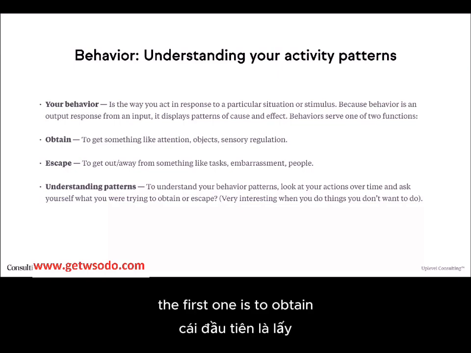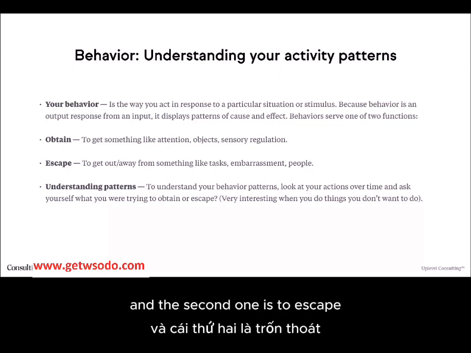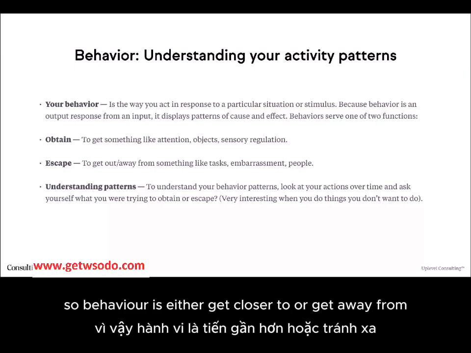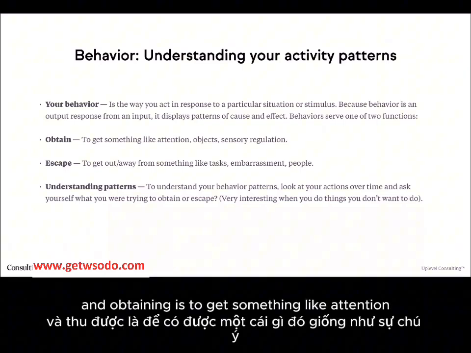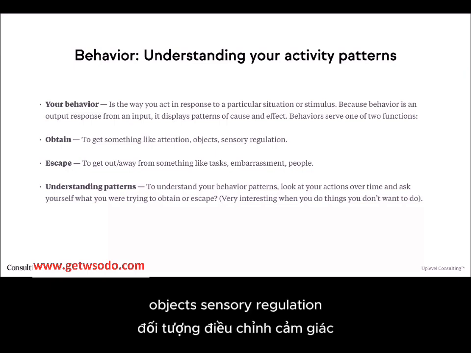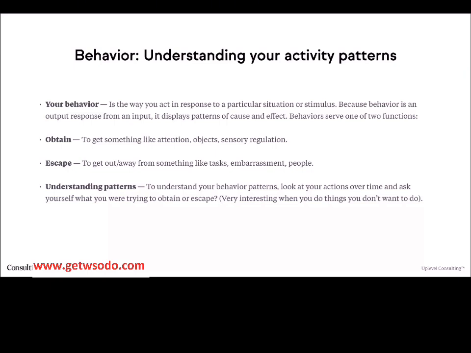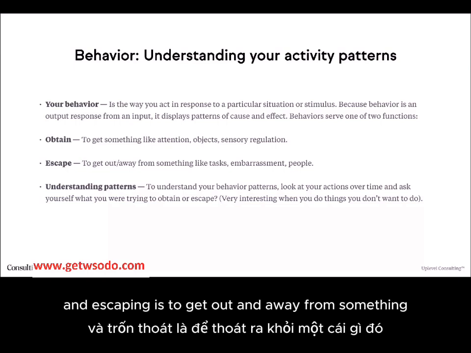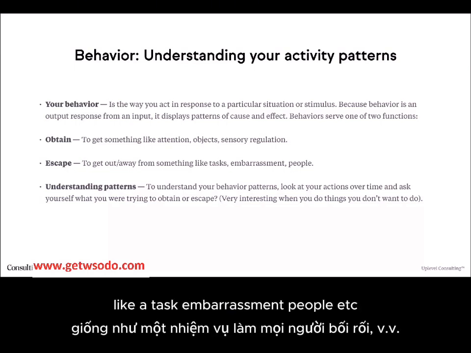The first one is to obtain, and the second one is to escape. So behavior is either get closer to or get away from. And obtaining is to get something like attention, objects, sensory regulation. And escaping is to get out and away from something like a task, embarrassment, people, etc.